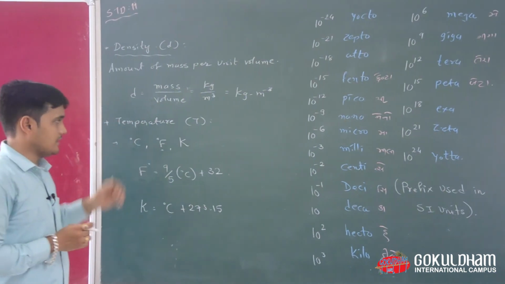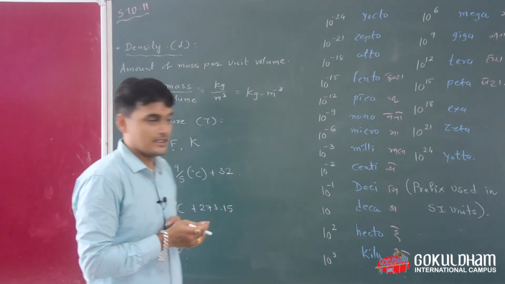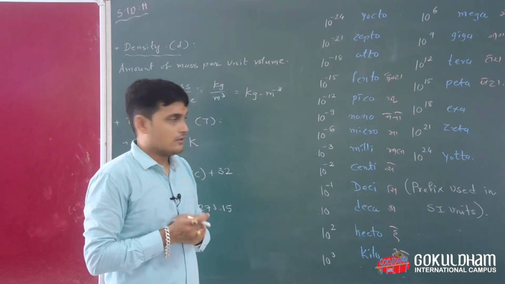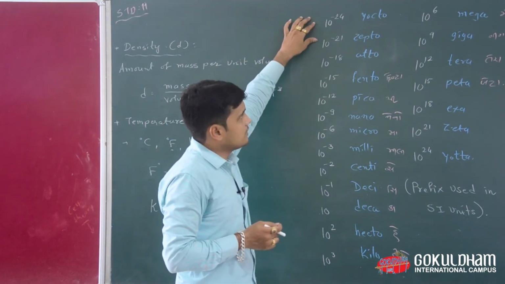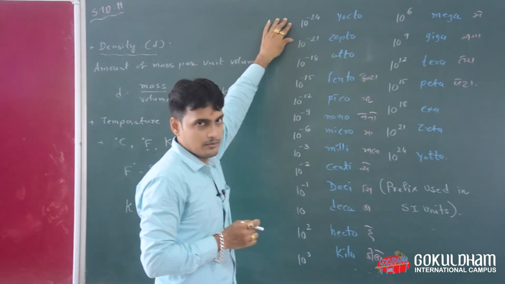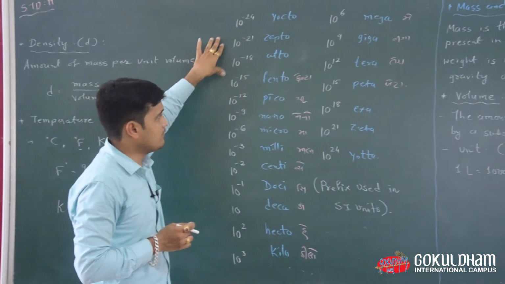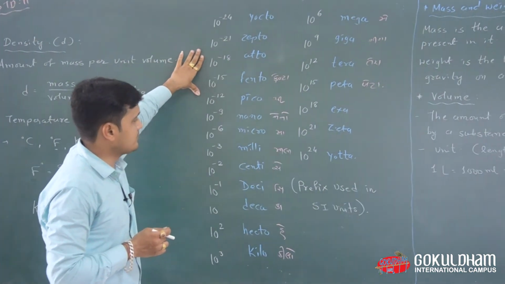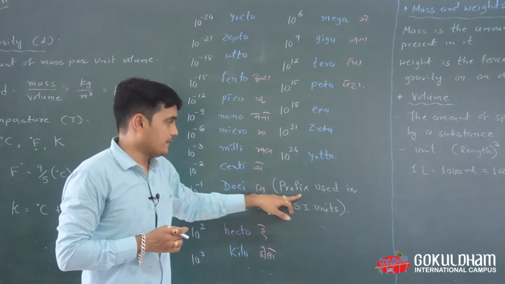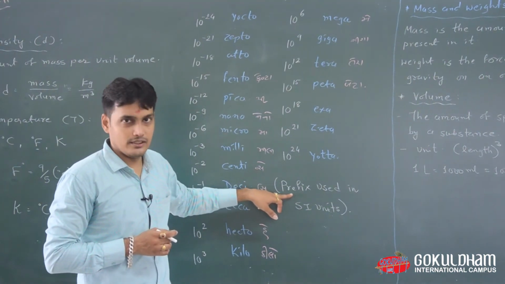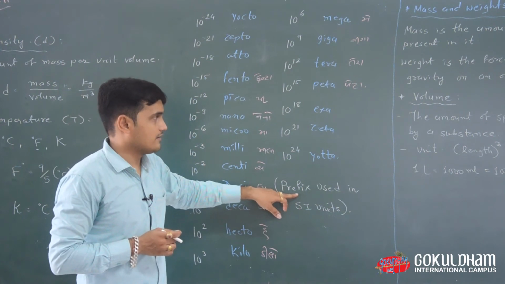Now, these are the SI units and measuring of a physical quantity. This is one table. You have to remember this table in this manner. This table is the prefixes used in SI units. What are the prefixes used in SI units?